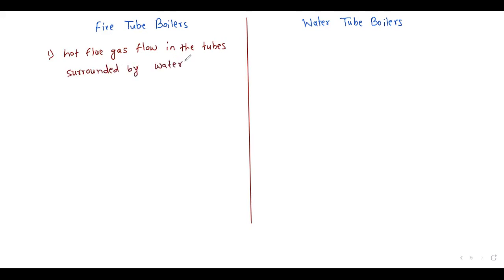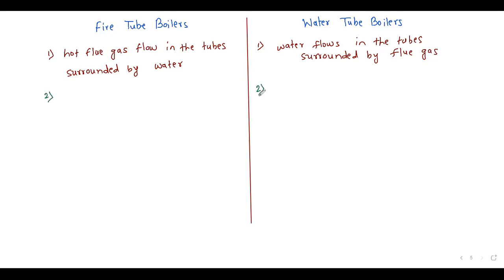So we have seen the construction. Now, what is happening in a water tube boiler? It is the reverse of it. Basically, water flows in the tubes, surrounded by flue gases.